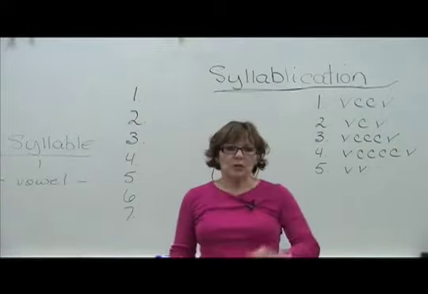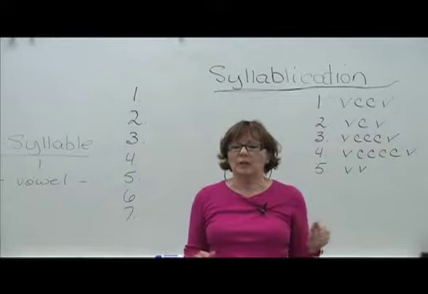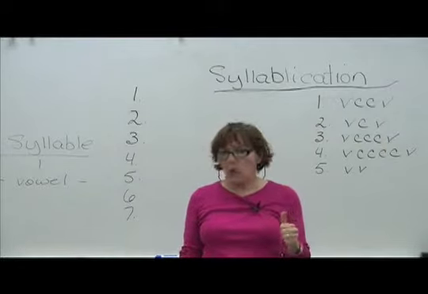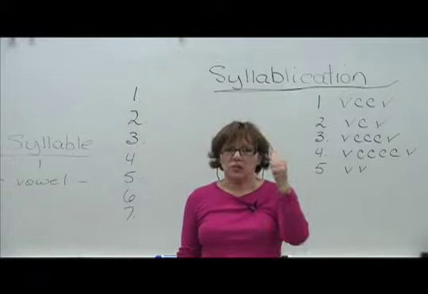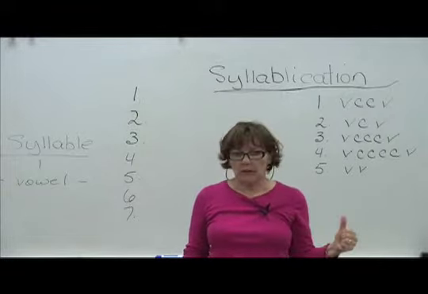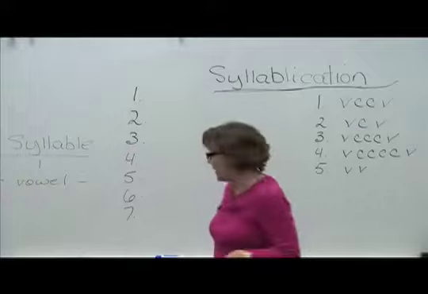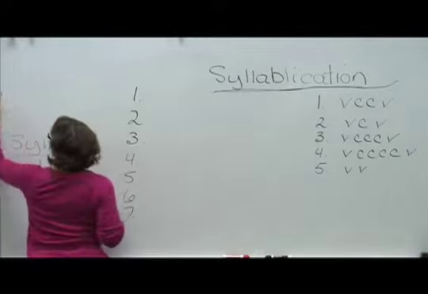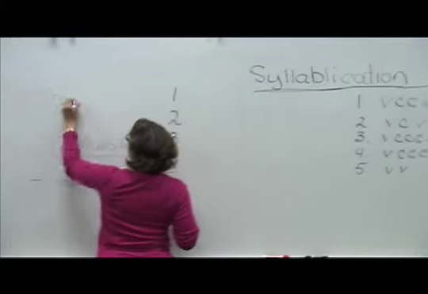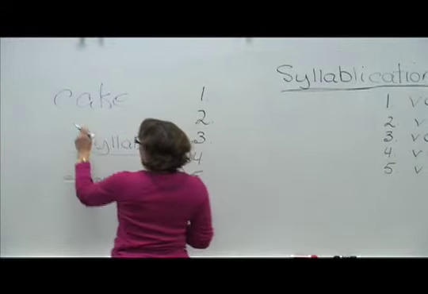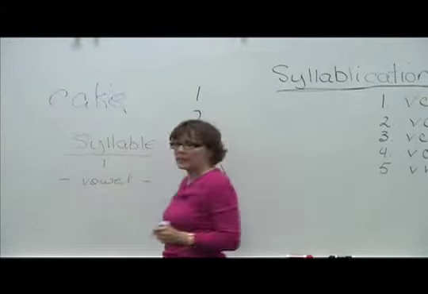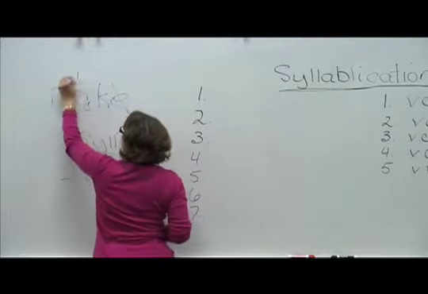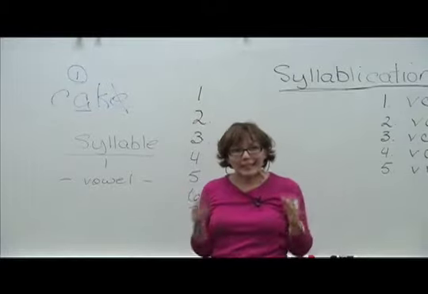So if a word has one vowel that you can hear, say the word cat, that's one part or one syllable because it has one vowel that you can hear. If I take the word cat and then make it cake, like this, we've talked about this in the first part of our lesson. All right, this we know is a silent E. So we still only have one vowel that you can hear.